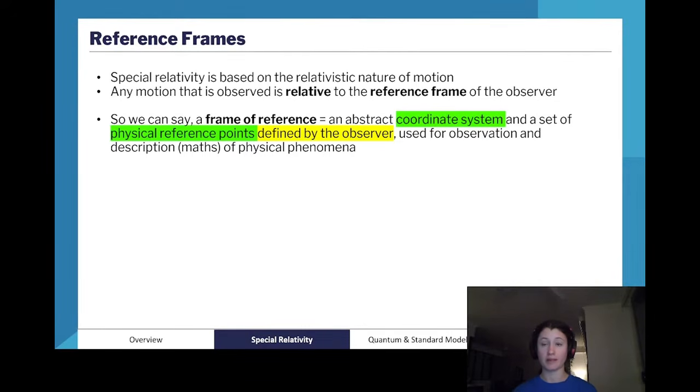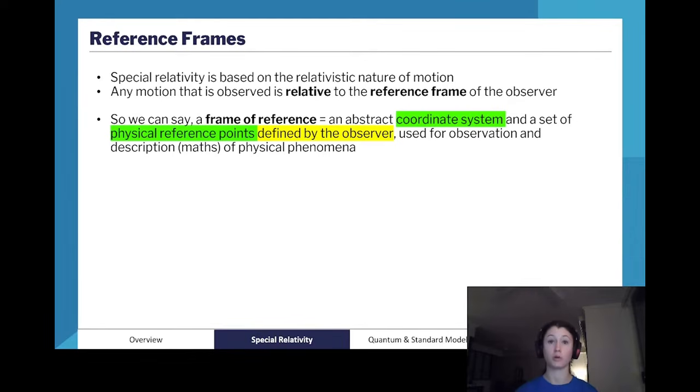What I'd recommend is for you to go and memorize the definition provided by QCAA on the syllabus. If you find the syllabus online, you can just Control F reference frame, find the definition in the glossary at the end, copy paste that into your notes and memorize that one, because that definition is the one that you're going to be needing to recognize or spit out again on your external.